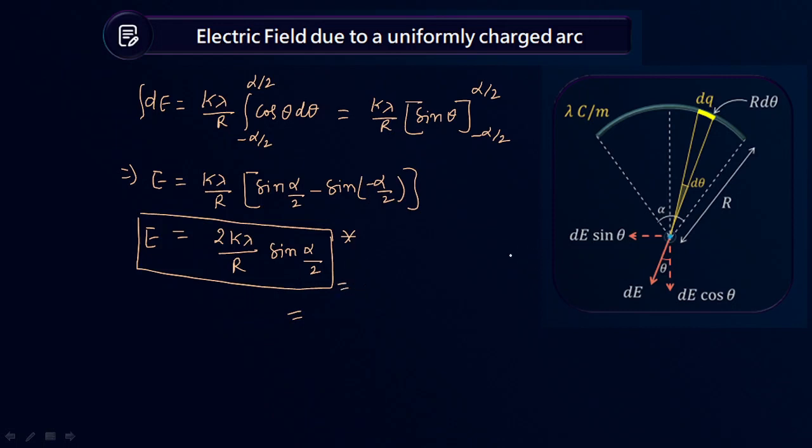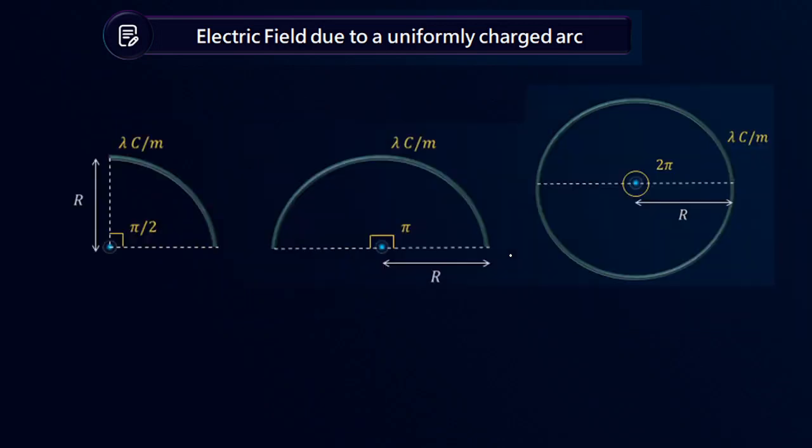Now there are a few special cases. First, one quarter of an arc. Quarter means the angle is pi by 2.